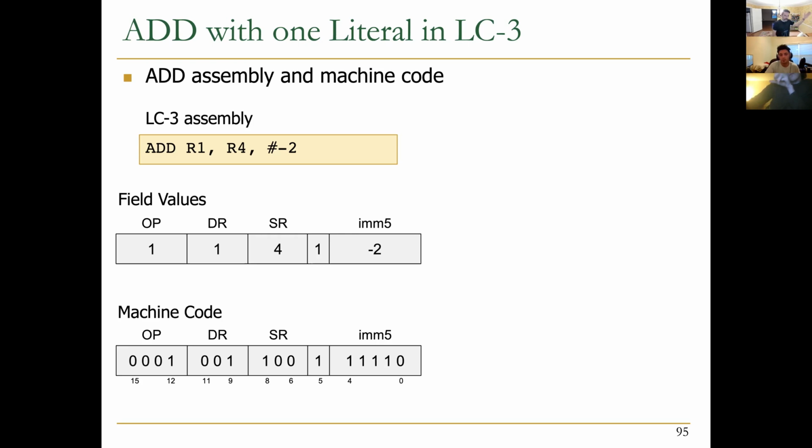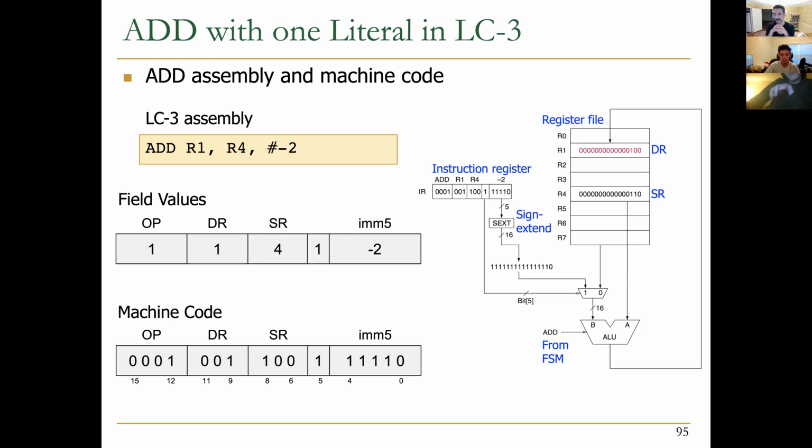We repeat 1 all the way down to 16 bits, and you add it to 4, and you put the result into the destination register. In the source register, you see that it is 4, locating R4 in the register file.